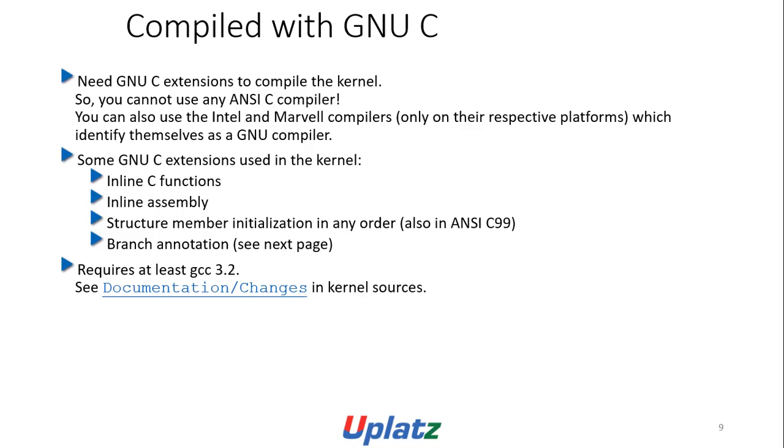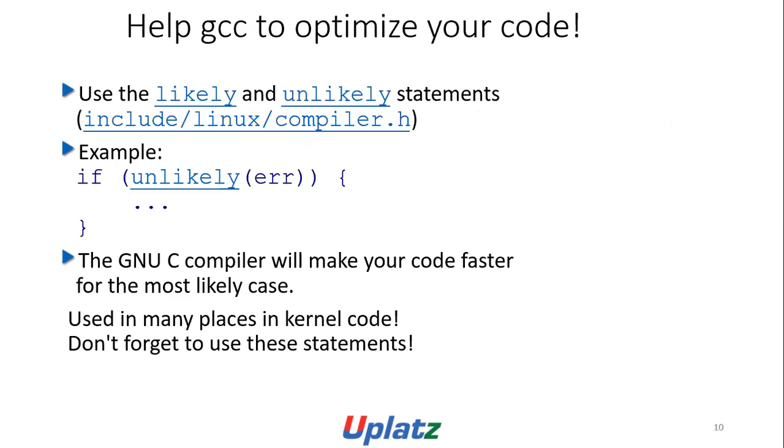You can also use the Intel and Marvell compilers, only on their respective platforms, which identify themselves as GNU compilers. Some GNU C extensions used in the kernel are inline C functions, inline assembly, structure member initialization in any order, also ANSI C99, and branch notation, see next page. It requires at least GCC 3.2; see documentation changes in the kernel resources.